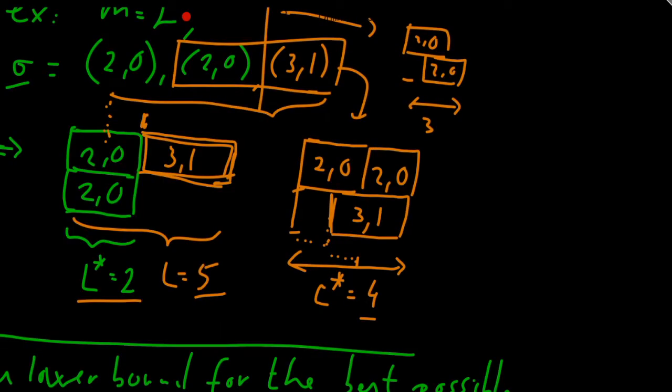So here, for example, the T will be 0 because both of the jobs get scheduled instantly.